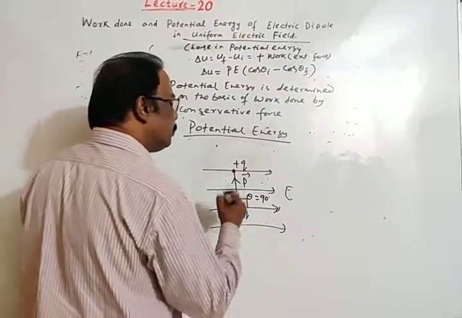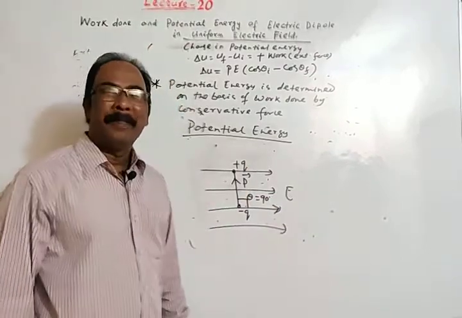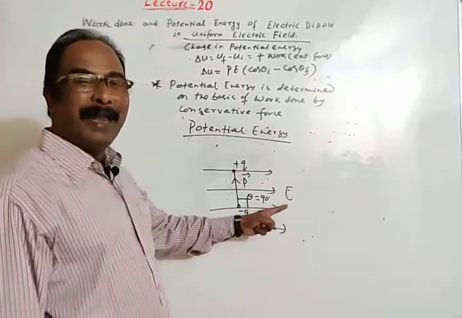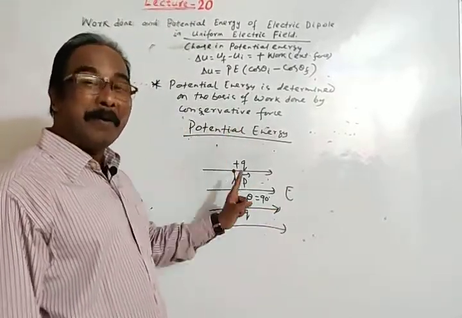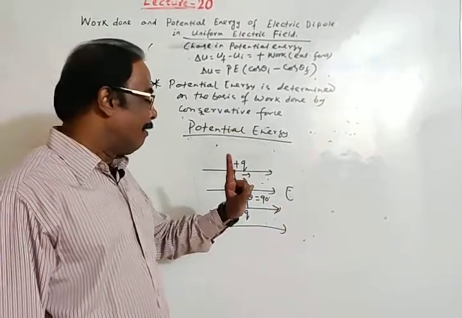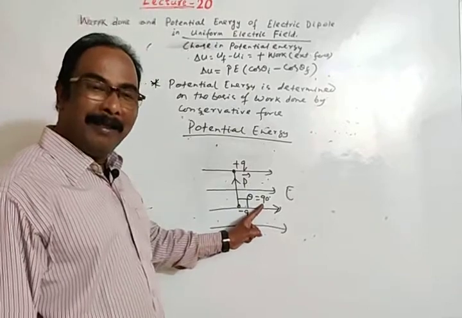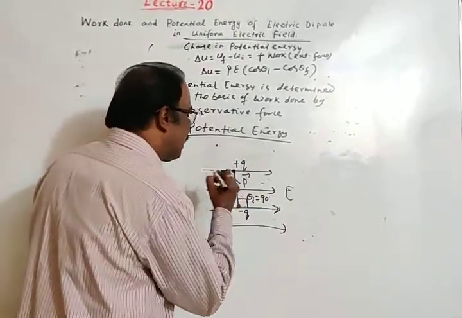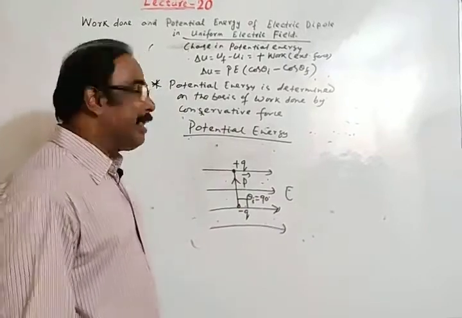Here theta is 90 degrees. If the dipole moment is perpendicular to the direction of the electric field, then theta is 90 degrees.